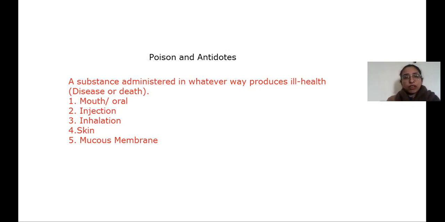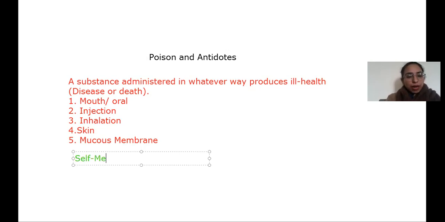And next we will discuss causes. Why does a person take poison? It can be due to self-medication, because as we know, we are staying in India, and here people find it hard to pay money for their health and they believe in self-medication. That is the root cause of poisoning, self-medication.